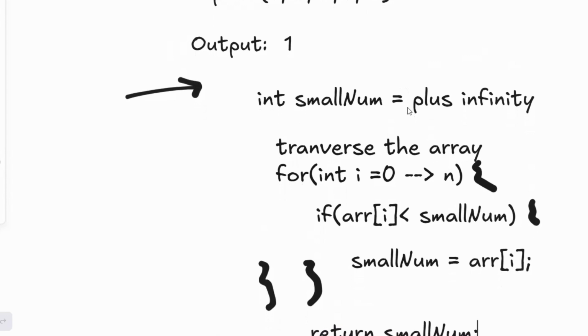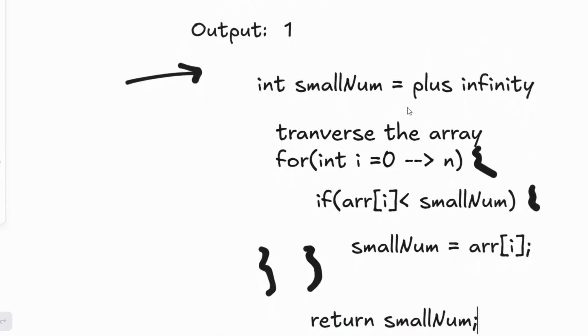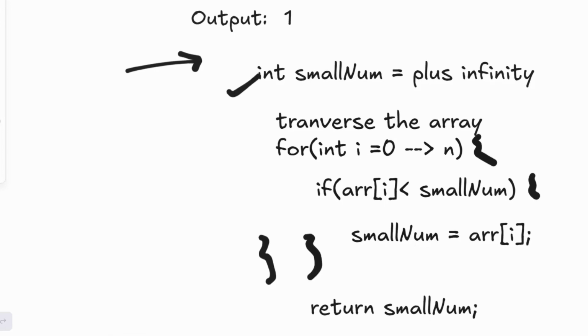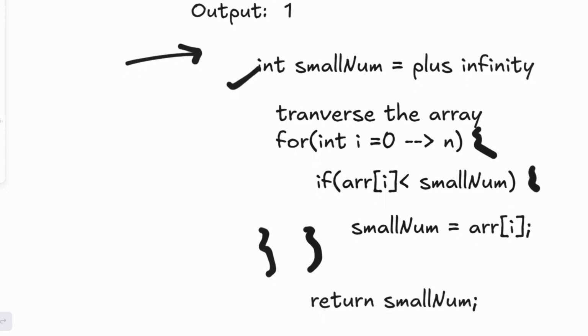So to find the smallest number, let's see the steps. First step is to create a variable and initialize plus infinity to it. After that we traverse the array.